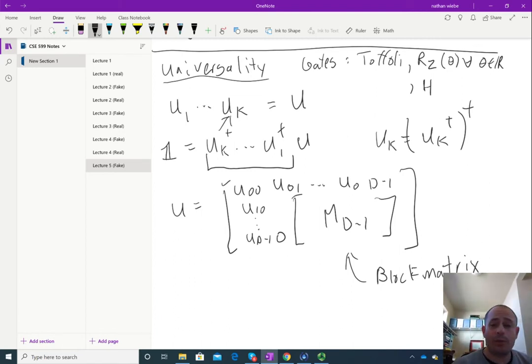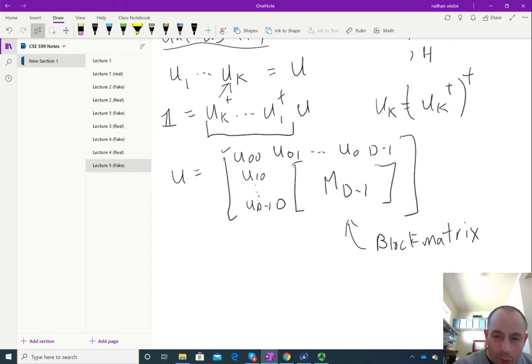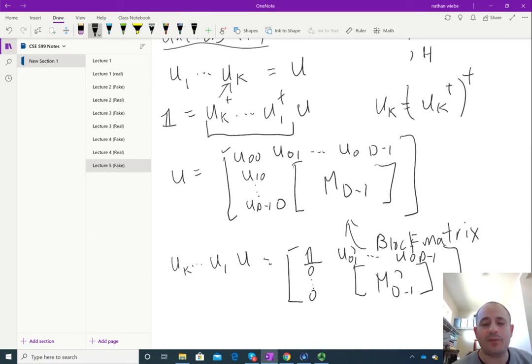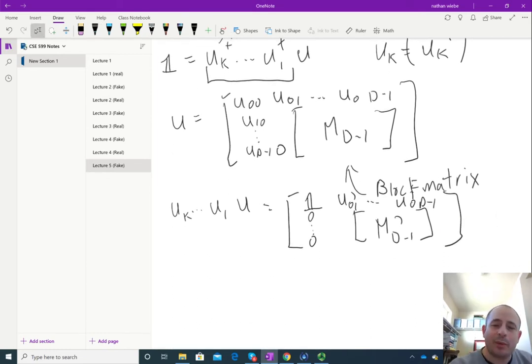Our goal is to first find a sequence of UK through U1 such that U acting up here is equal to 1, 0, 0, then U01 prime, U0(D-1) prime, and some other block matrix M(D-1) in here.